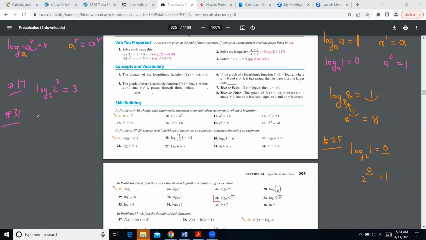If you have something like, for example, here, logarithm base 10 of the square root of 10, which is 10 to the power of 1 over 2, then the result is just 1 over 2, because according to the property above, we have the same bases, so they will cancel each other out.